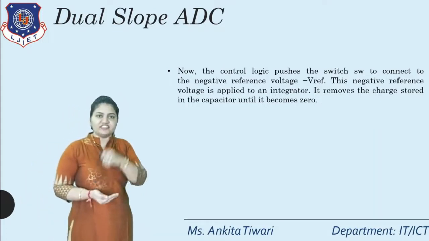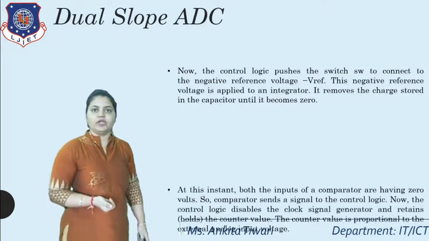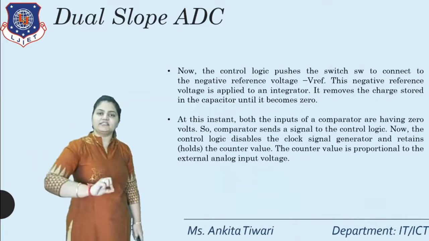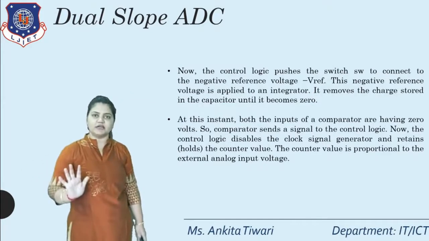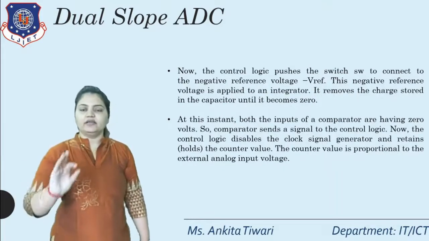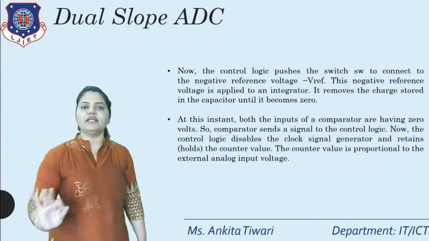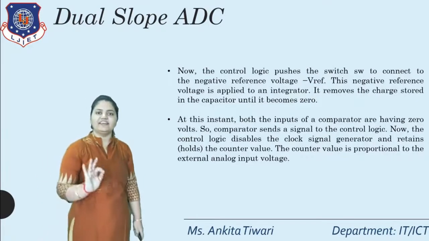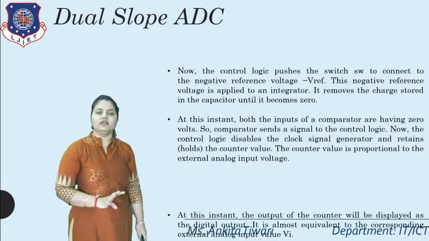So in order to make it zero, we need to take the reference voltage as negative. Now at any instant, when both the inputs of the comparator have 0 volt, that means comparison is done. The comparator sends a signal to the control logic that the comparison is done, and the control logic will disable the clock signal generator and retain the counter value. The counter value will give the output of the digital value.